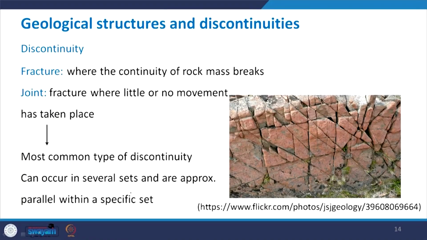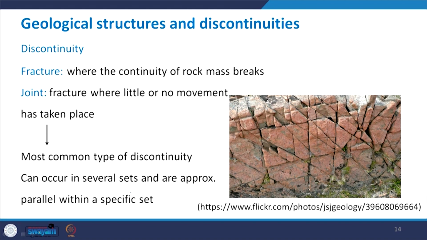Now look at the next one, that is the fracture. Fracture is defined wherever there is a break in the continuity of the rock mass. Joints are the fractures where little or no movement has taken place.